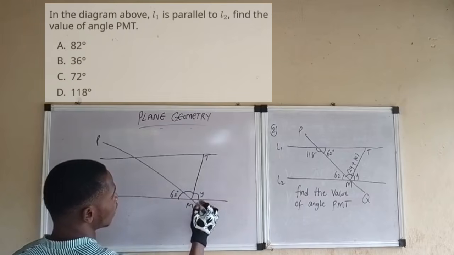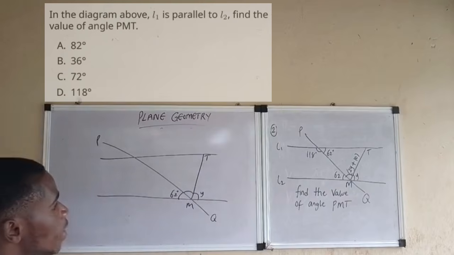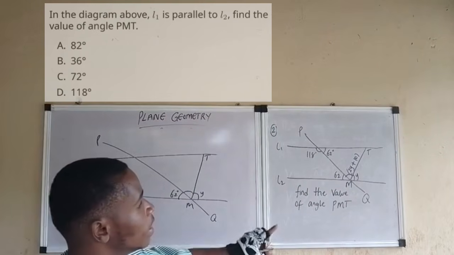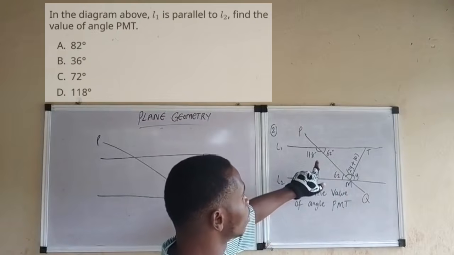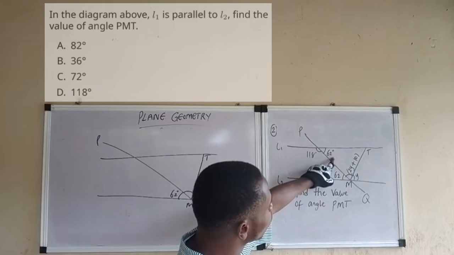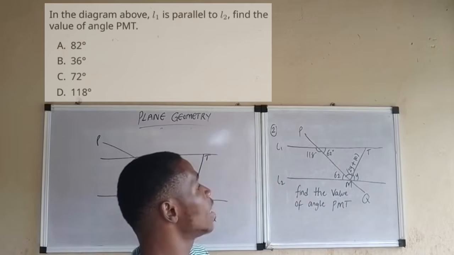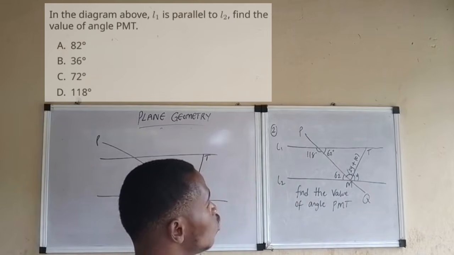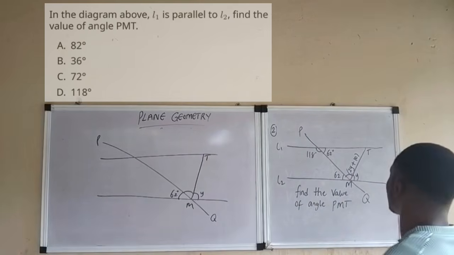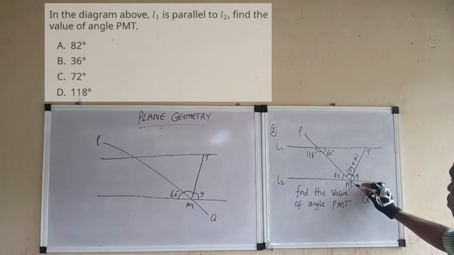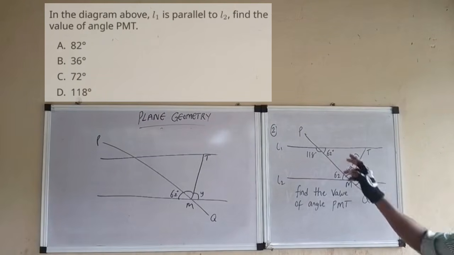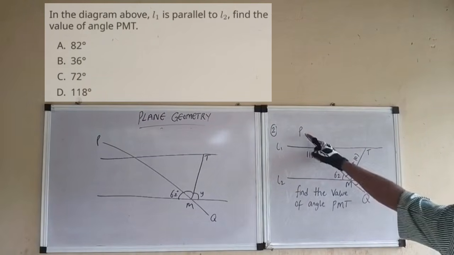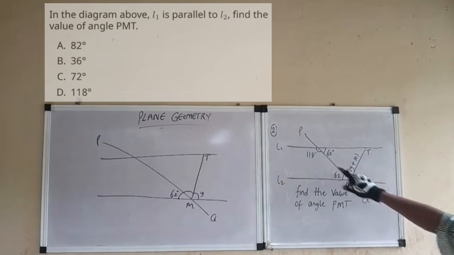This is Y. Now, in this case, 62 will be a corresponding value to what you have here at this portion. Corresponding angles are angles that are in the same position on the opposite side of the parallel lines in the transversal line.